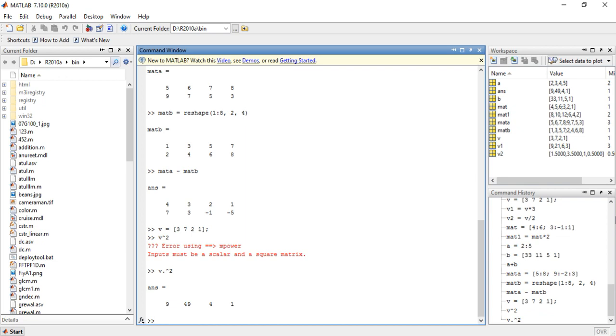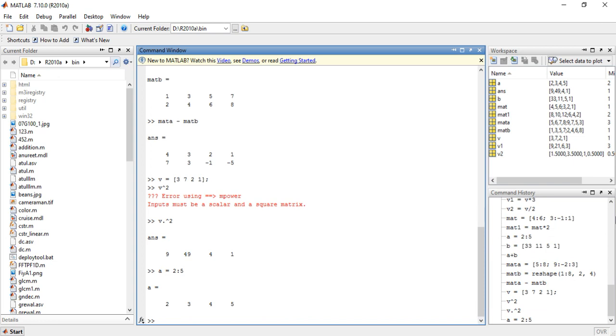Similarly, the operator dot star must be used for array multiplication, and dot division sign for array division. Like I'm using, we have vectors a equals 2 to 5, b equals the same 33, 11, 5 and 1.